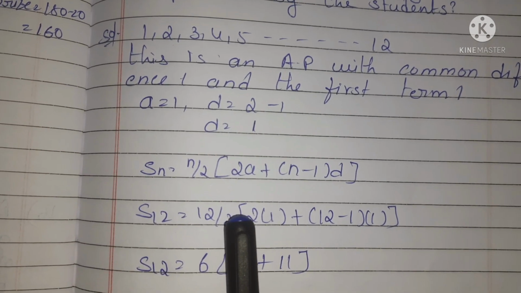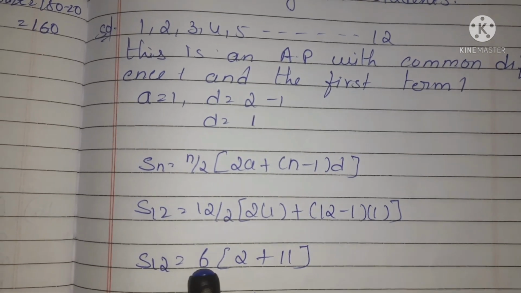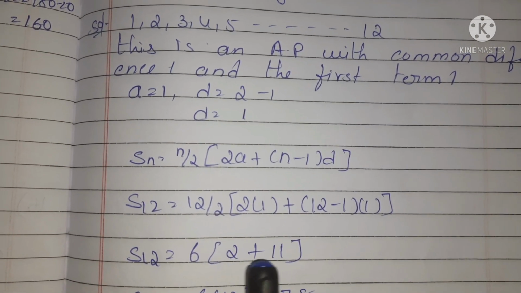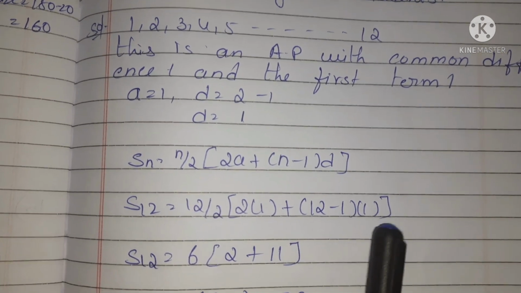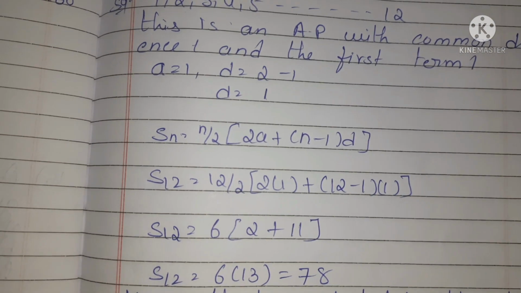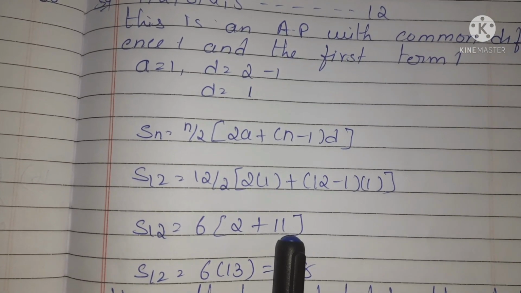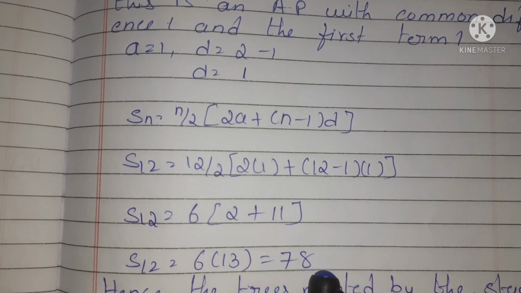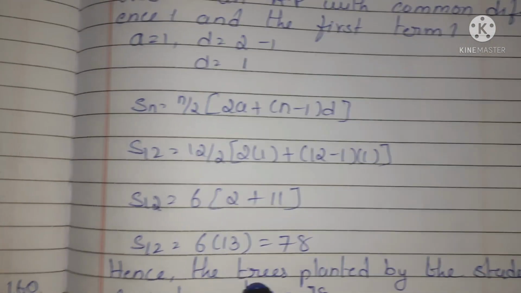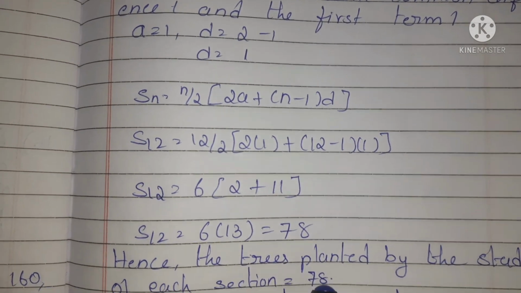S12 is equal to, here 2 sixes are 12, 6 into 2 ones are 2 plus, here 12 minus 1 is 11, 11 into 1 is 11. S12 is equal to 6 into 2 plus 11 is 13. 6 13s are 78. Hence the trees planted by the students for each section is 78 plants.